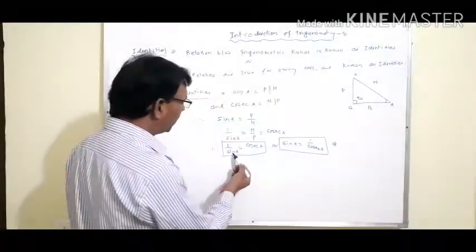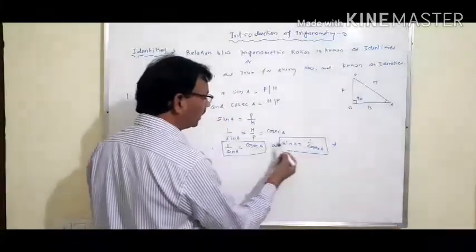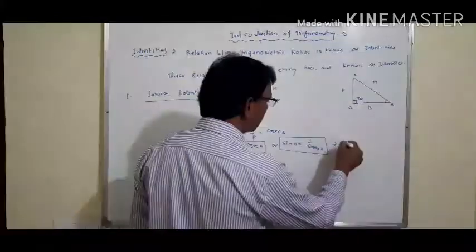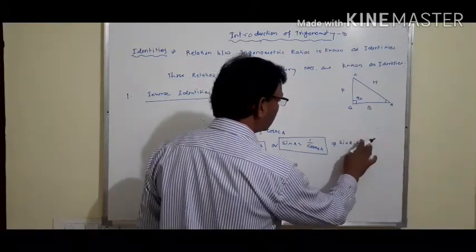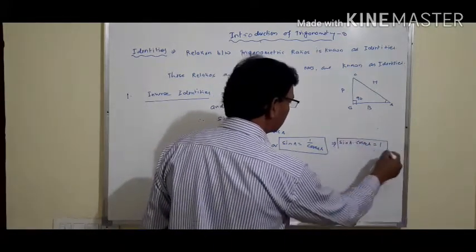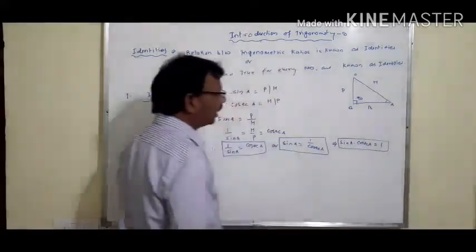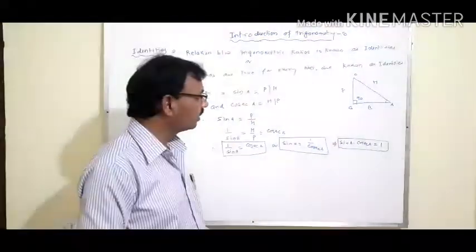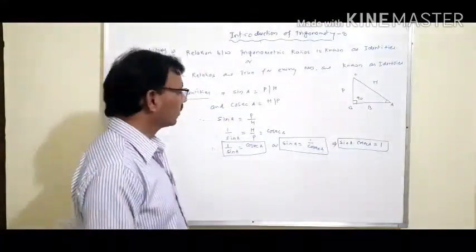From both, we can take one result. If we multiply sine A into cosec A, or cosec A into sine A, it will give the same result: sine A into cosec A equals 1. This is not surprising. Already in junior classes you have studied that the product of reciprocals always gives 1.